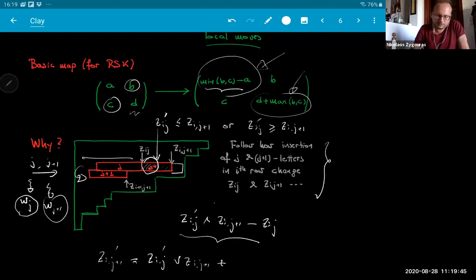And then to this new length, I'm going to add a number of J plus 1s. So this explains this second relation here. So I hope I gave you at least a motivation of why these 2x2 mappings are kind of fundamental.